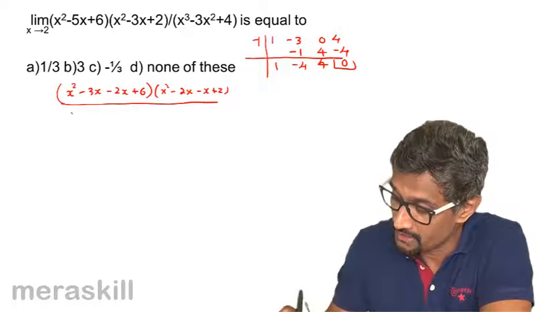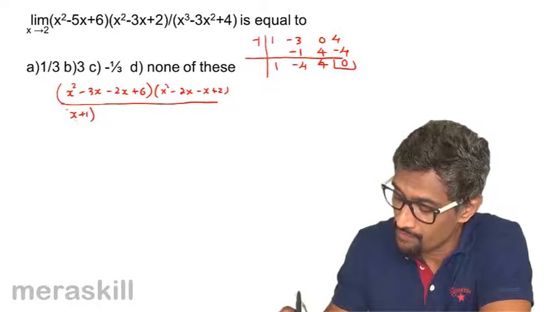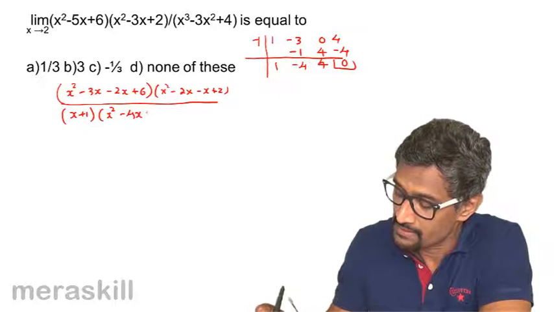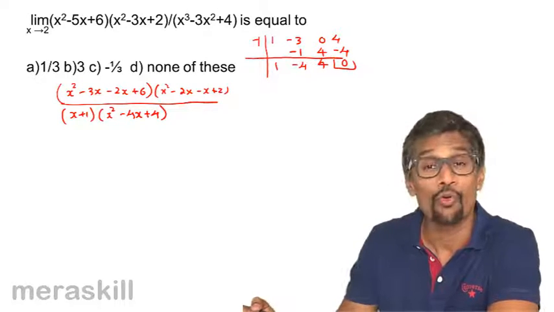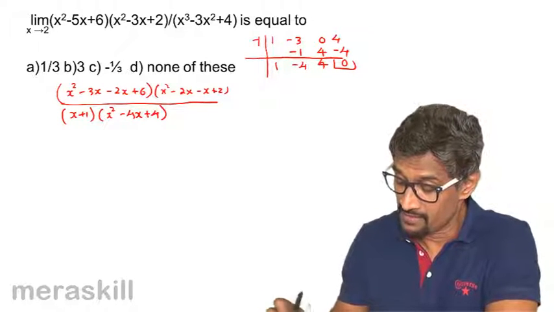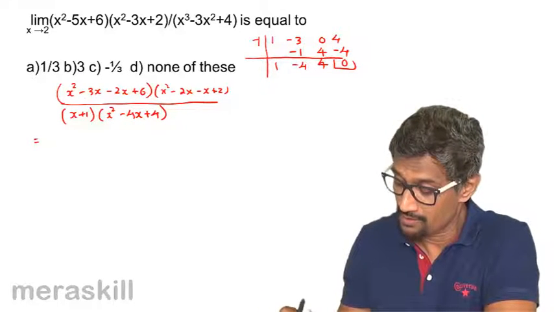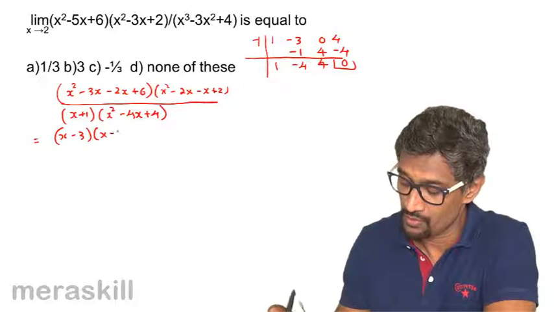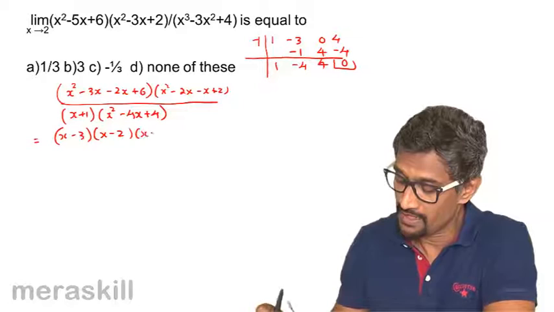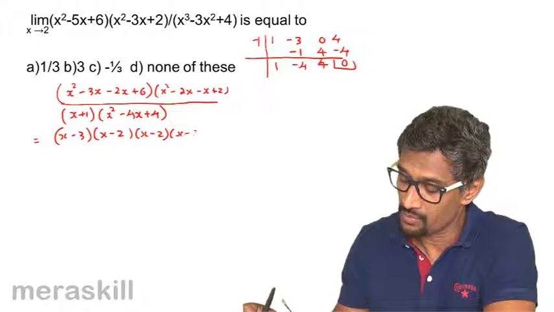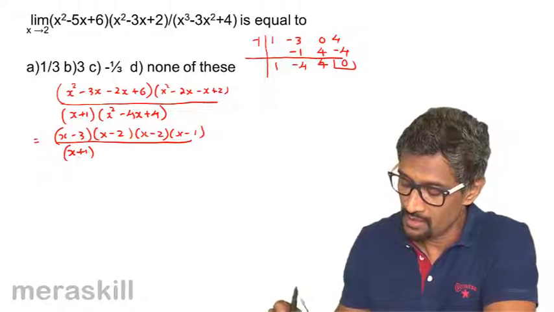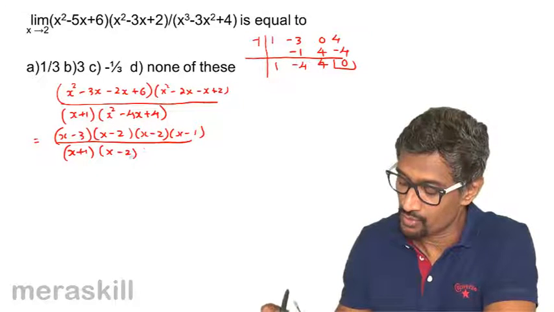So the denominator will turn out to be x plus 1 into x square minus 4x plus 4. And this one simplifying becomes x minus 3 into x minus 2. This will become x minus 2 into x minus 1. And this will become x plus 1 into x minus 2 the whole square.